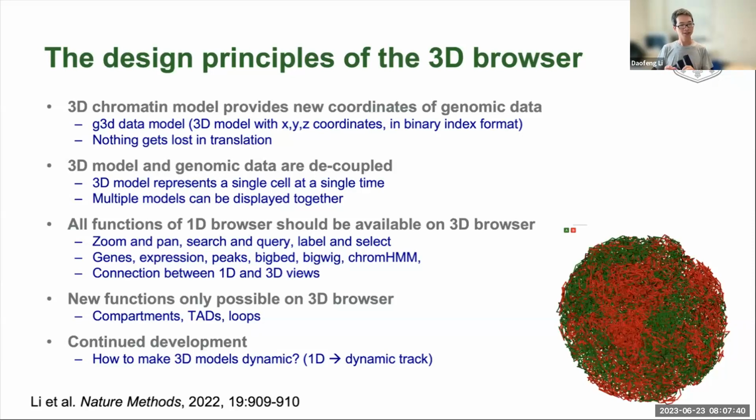You should have some connection between the 1D and the 3D views. Some functions are only possible in the 3D browser, such as showing compartments, text annotation, and loop annotations. We are also continuing to develop this 3D model to make it dynamic, from 1D to a dynamic track.